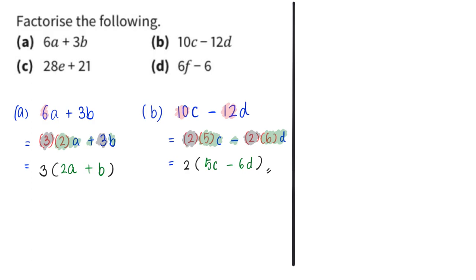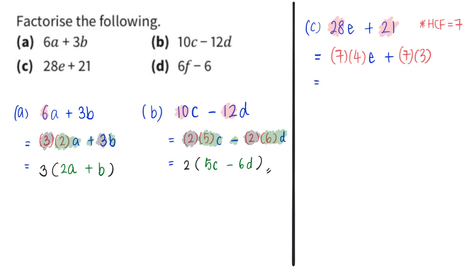28e plus 21. By now you should be able to see that I look at the HCF. And what is the HCF for 28 and 21? Very good. The HCF is 7. And so I'm going to rewrite 28e plus 21 as 7 times 4e plus 7 times 3, so that we can see that the 7 is indeed the common factor.